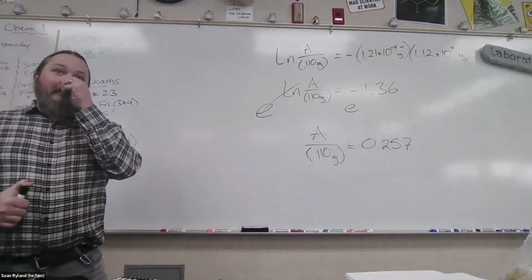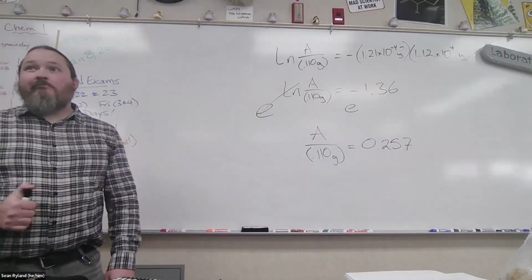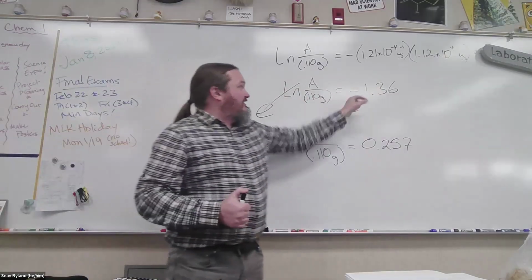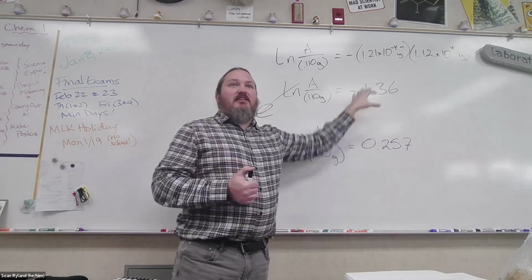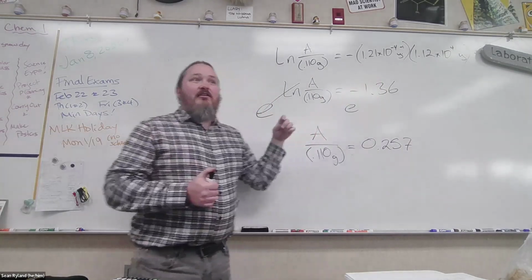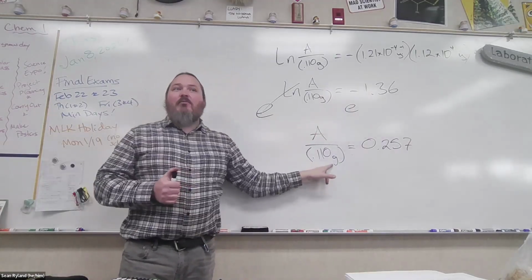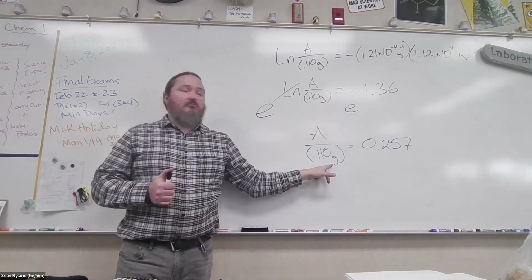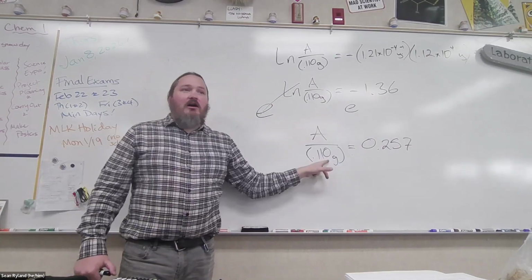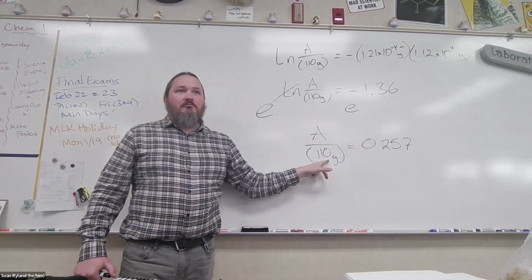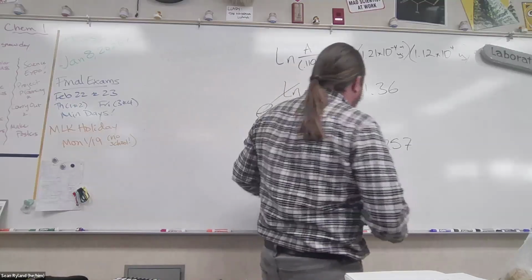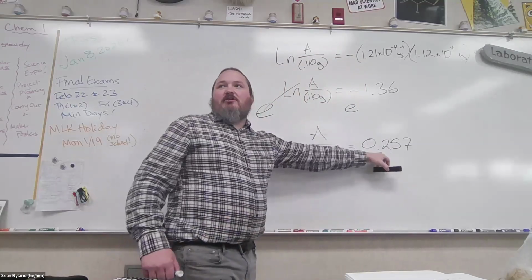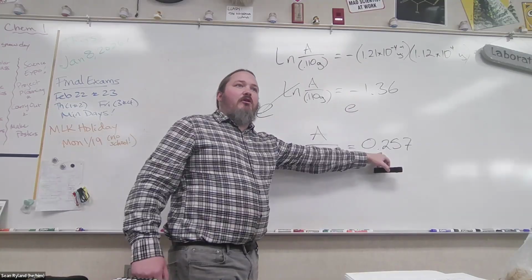Does it have any units yet? No, it had no units, and then we put it in an exponent. When you raise something in the exponent, it still doesn't have any units. So our units are going to be determined by whatever's on the bottom of this ratio. And it's pretty close to a quarter of what we started with, right? A little bit more than a quarter.